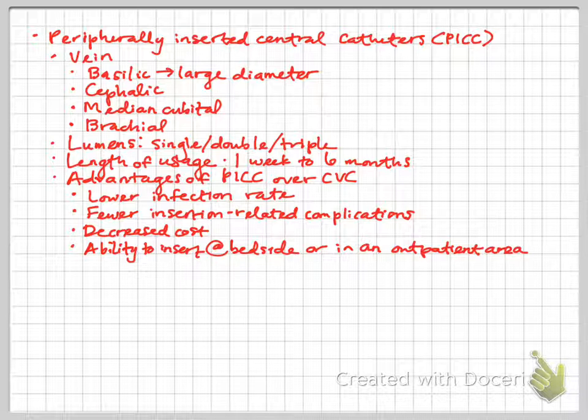So electrically, they could tell that it was in the correct spot. That's just a really cool development I thought you should know about that you might be able to see in the hospital. But you definitely need a chest x-ray to ensure proper placement.